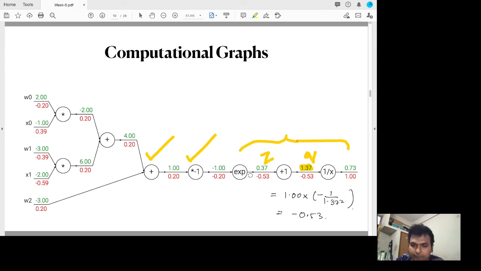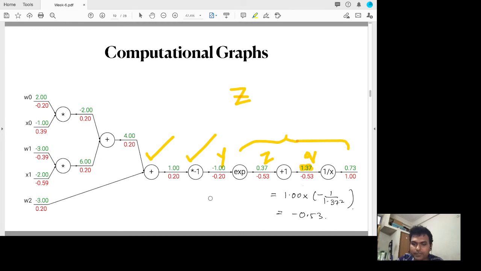The exponential block is getting an input of minus 0.53, and you have to give the output from the exponential block. I am running out of variables, but if you consider this as y, then what is z? Z is nothing but the exponential of y, correct?